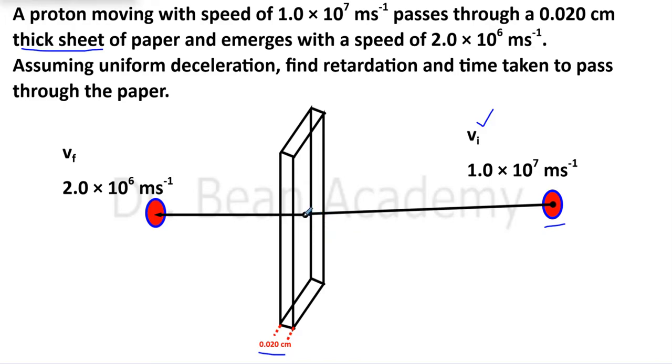And after passing through this sheet, it comes out of the other side, and this is its final velocity. Initially the speed was higher and now it is reduced, which is very acceptable because when it passes through the sheet, it must have interacted with the sheet and velocity is decreased. Now they told us to calculate the retardation or acceleration, because we can clearly see that velocity is changed after passing through this sheet of paper.